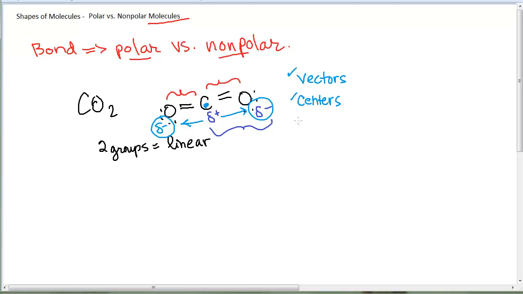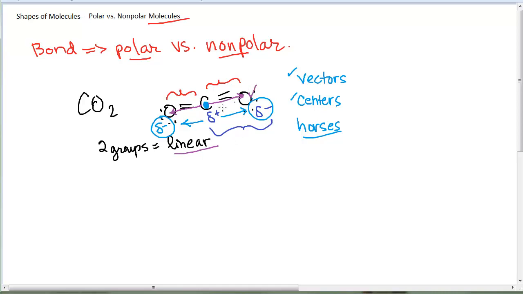Or you can think of it as horses. If we have the center of the molecule, where the carbon is, as a stationary spot in space, we can think of the oxygens as little horses pulling away from the carbon. So I have two oxygen horses pulling away from the carbon in exactly a linear fashion, 180 degrees from each other.